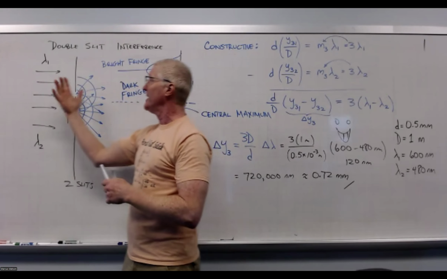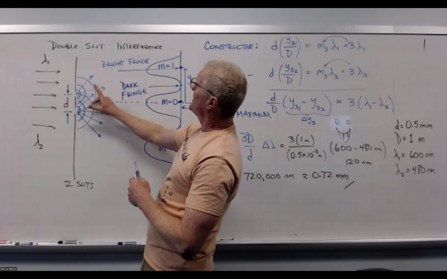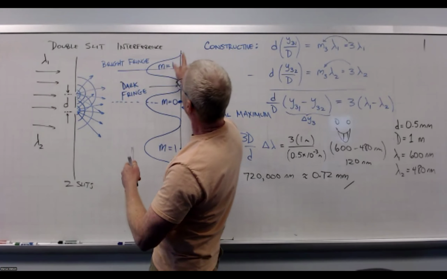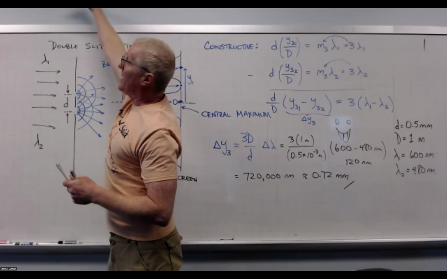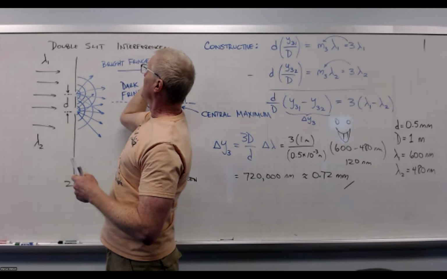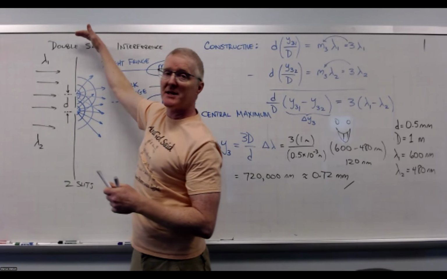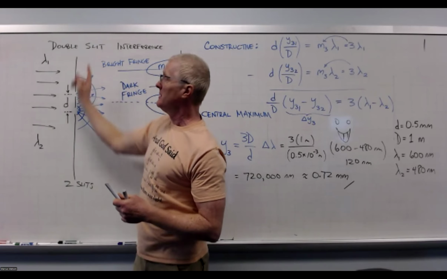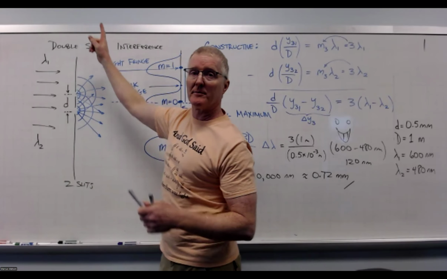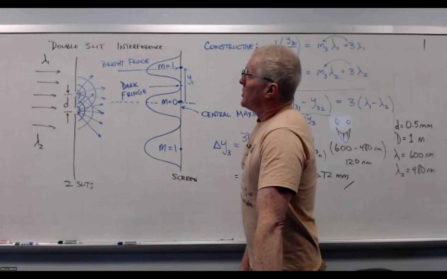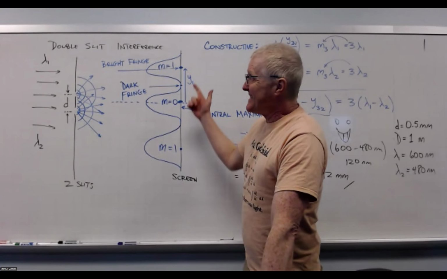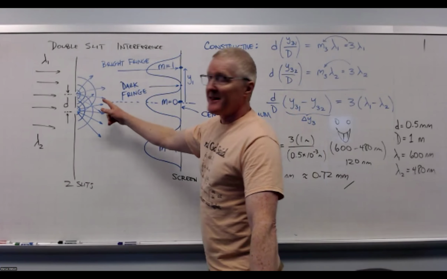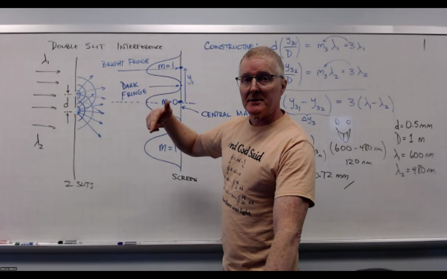The light's coming this way, and it comes through here, and it's going to land somewhere on the screen, but I can think of the screen as kind of wrapping all the way around up here and capturing the 90 degree interfering waves up there. So the one way to find the maximum possible number of fringes that you're going to see is to set the angle to 90 degrees.